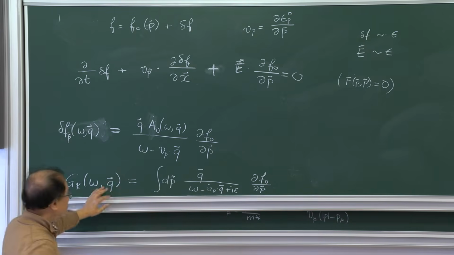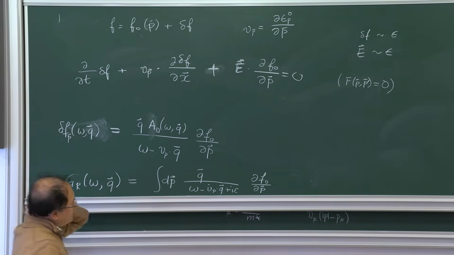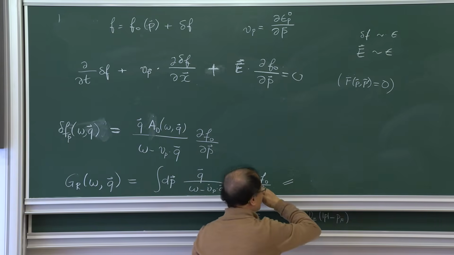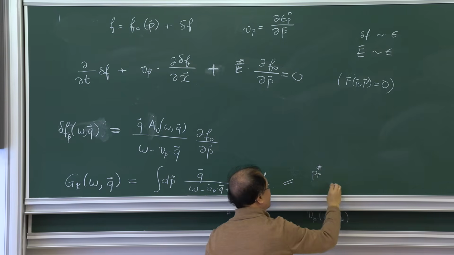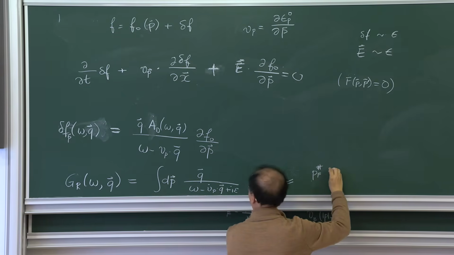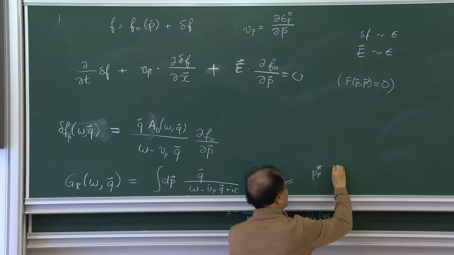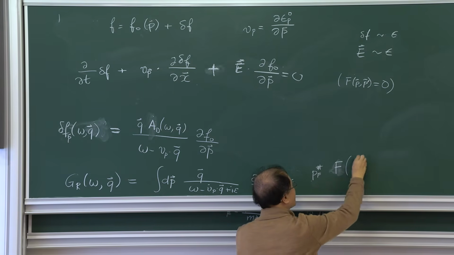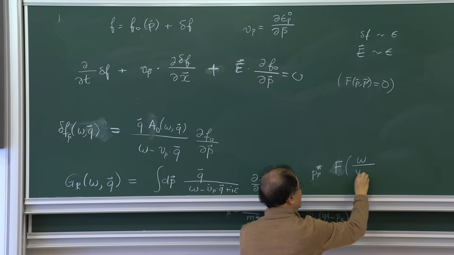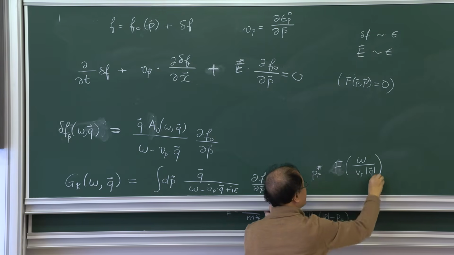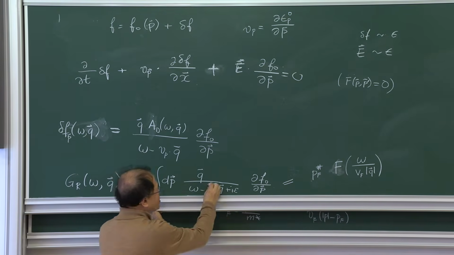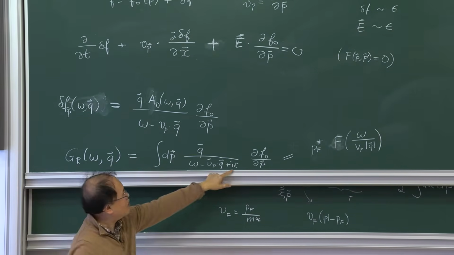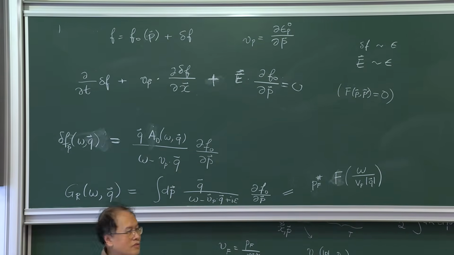I'm not going to compute this integral, but if I do, I get some power of the Fermi velocity times some dimensionless function, let me call it f, of omega divided by vF times the absolute value of q. Some dimensionless function that has both real and imaginary parts from this i epsilon, and I would have to compute this integral.